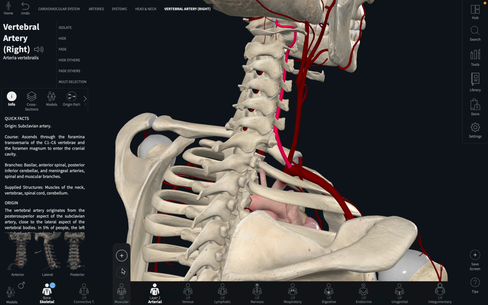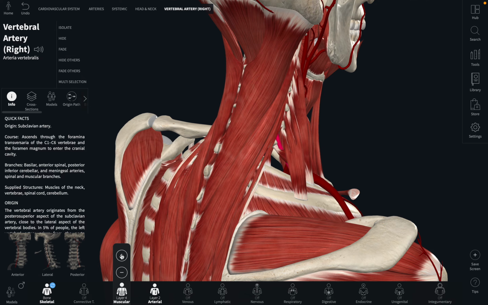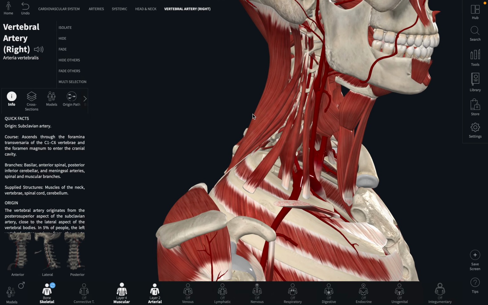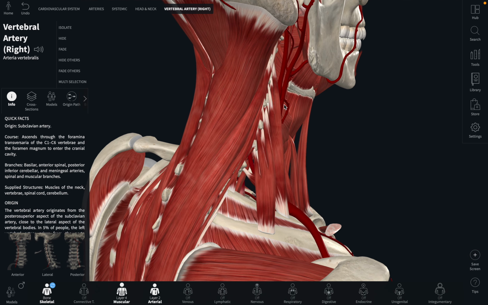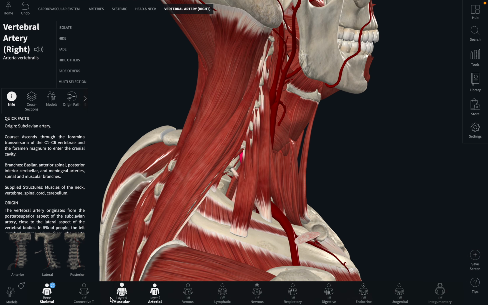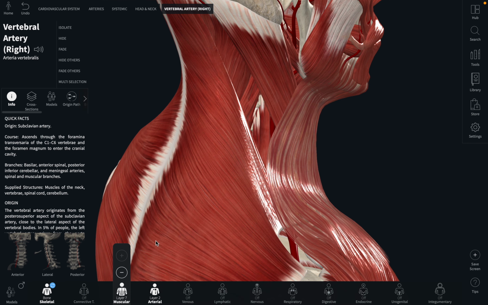Let me try and put the muscle so you can see. So see, the muscles that are around here. I don't want to make it so complicated.